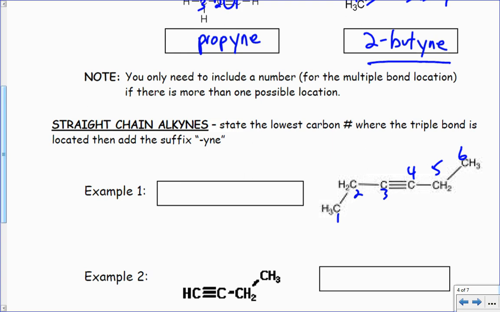I look on my reference table. 6 is a hex. -yne shows me that there's a triple bond, and I have to say it's 3-hexyne because it's on the 3rd carbon. If it was here, it'd be 2-hexyne. If it was here, it would just be hexyne.